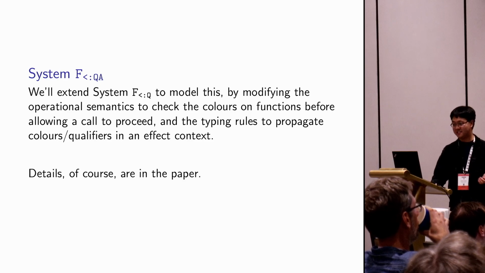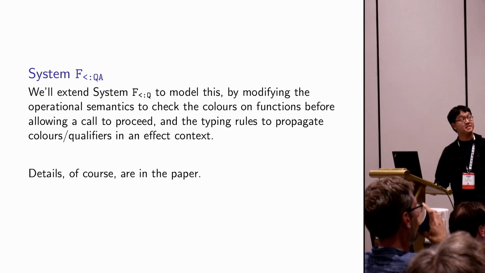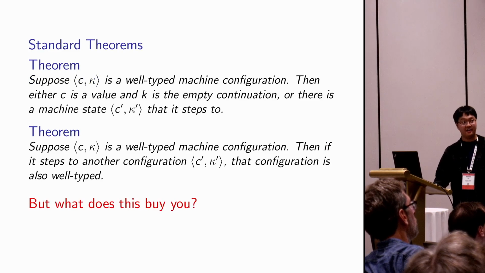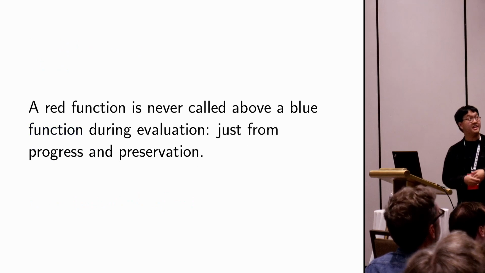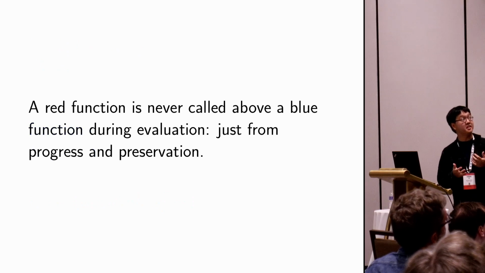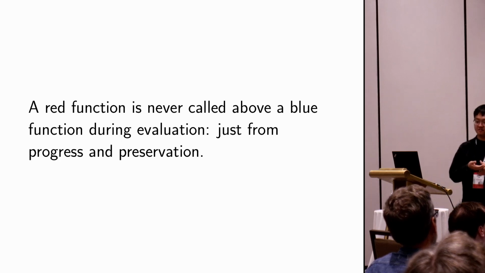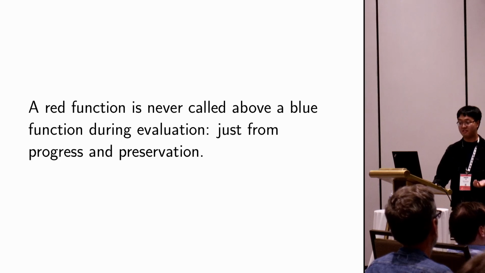The details of this are all in the paper because there are a lot of typing rules and we don't have that much time. But you get standard theorems that tell you that progress and preservation all hold. And what does that buy you? You get that a red function is never called above a blue function during evaluation, just from progress and preservation, with how the typing and evaluation rules are set up in this nice general framework.